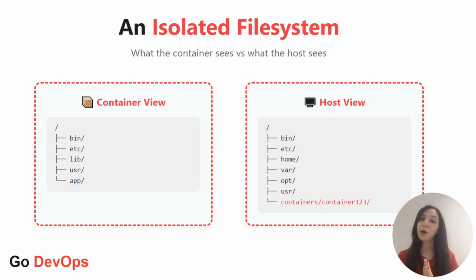So let's talk about how containers isolate their view of the file system. On the left, we see what the container sees: a minimal, clean root directory with only its own files and maybe its application folder too. And on the right, we see what the host actually sees. A full file system with everything, including a subdirectory where the container's root is mounted. This isolation is made possible by mount namespaces and chroot-like behavior.